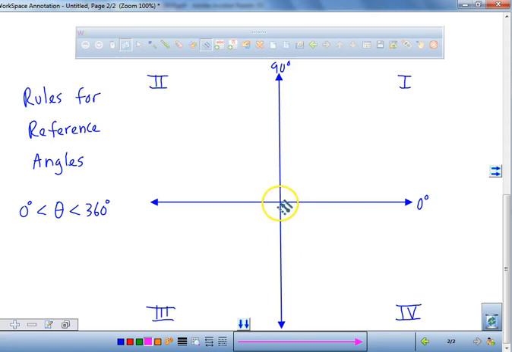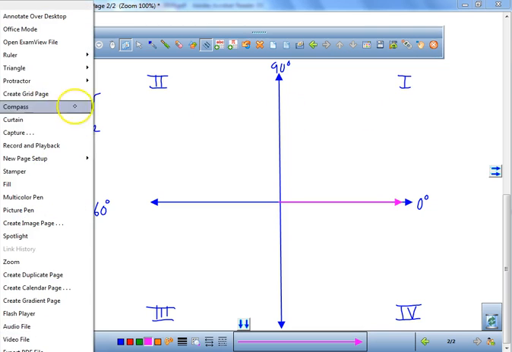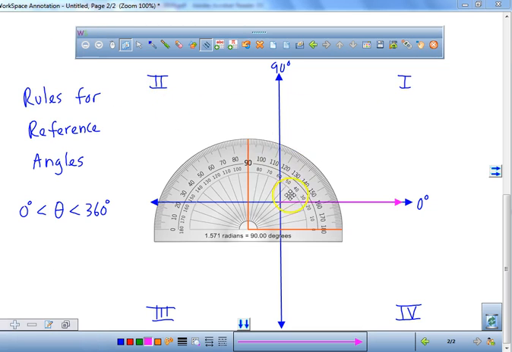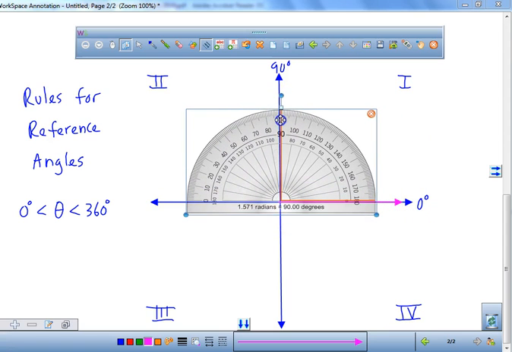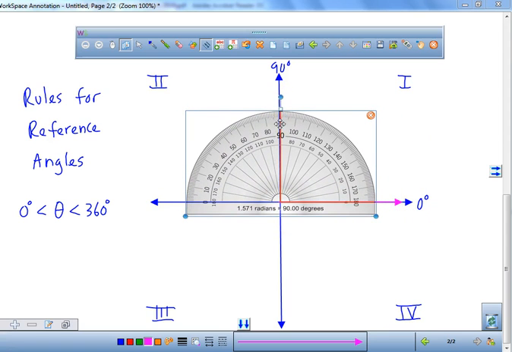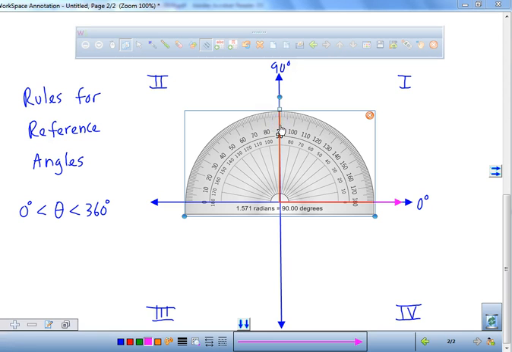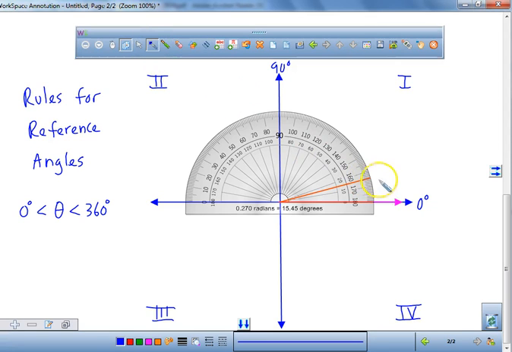Oh my goodness, we got 15 and 45. Well, I'll do my best to draw a 15-degree angle. Good thing I have a protractor. That's about 15, so put a point right there.